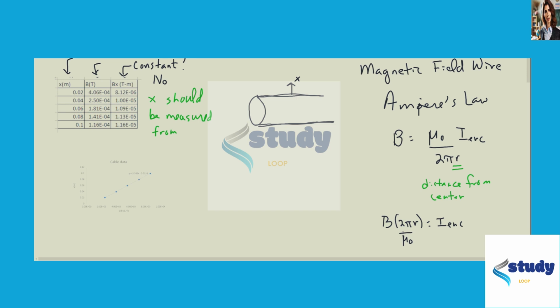Let's say you go home and you start looking at your data. You're like, oops, I should have done this other measurement. Well, not a big deal, because what we can say is that little r in Ampere's law can now be rewritten as x plus what to call it, the radius of the cable.